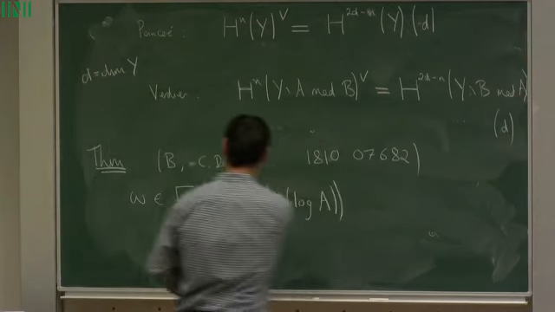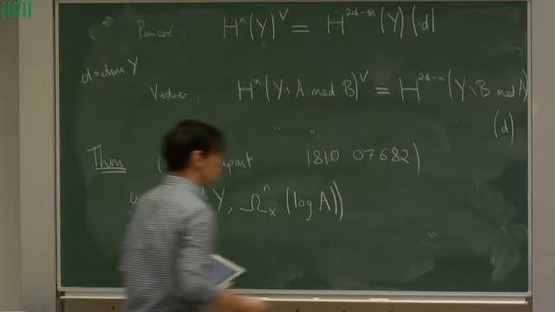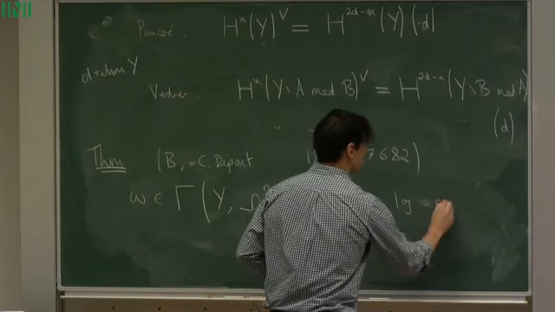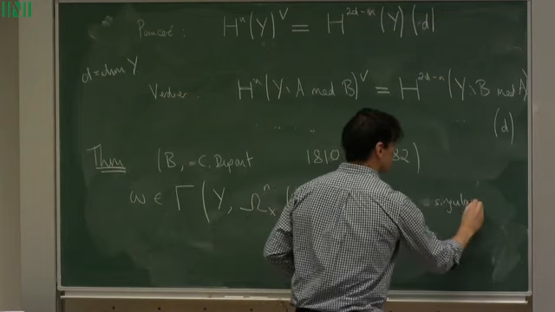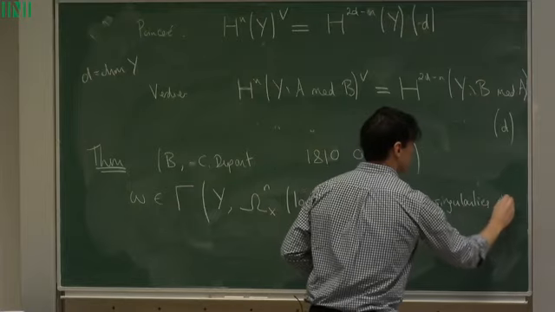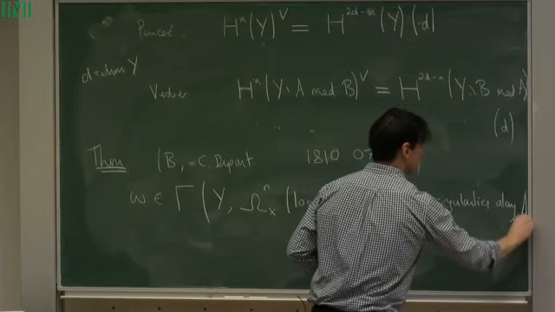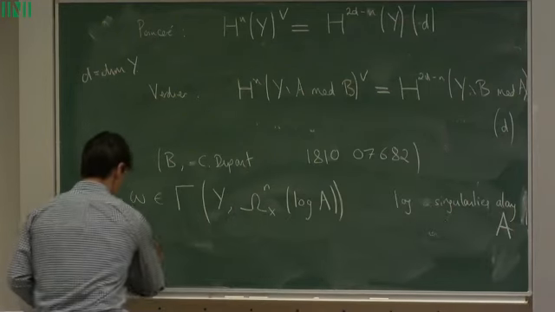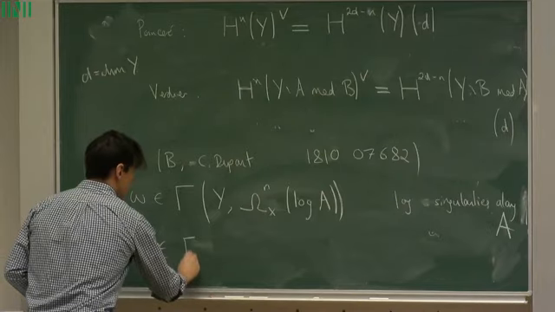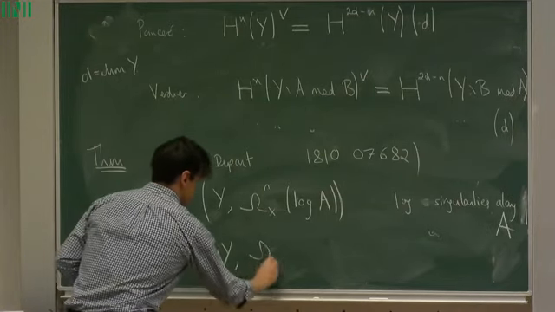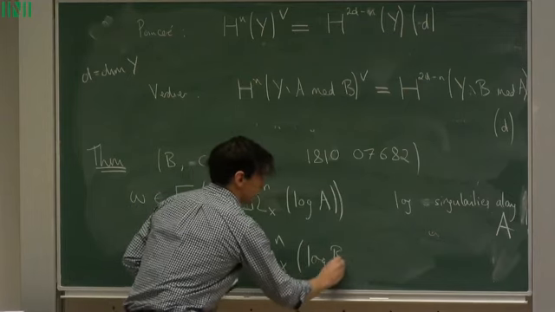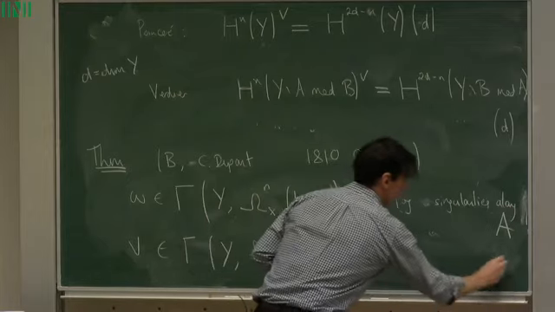So we take a global differential form with logarithmic singularities along A. Oops, that's a very narrow A. And we take nu to be the same thing but with singularities along B.